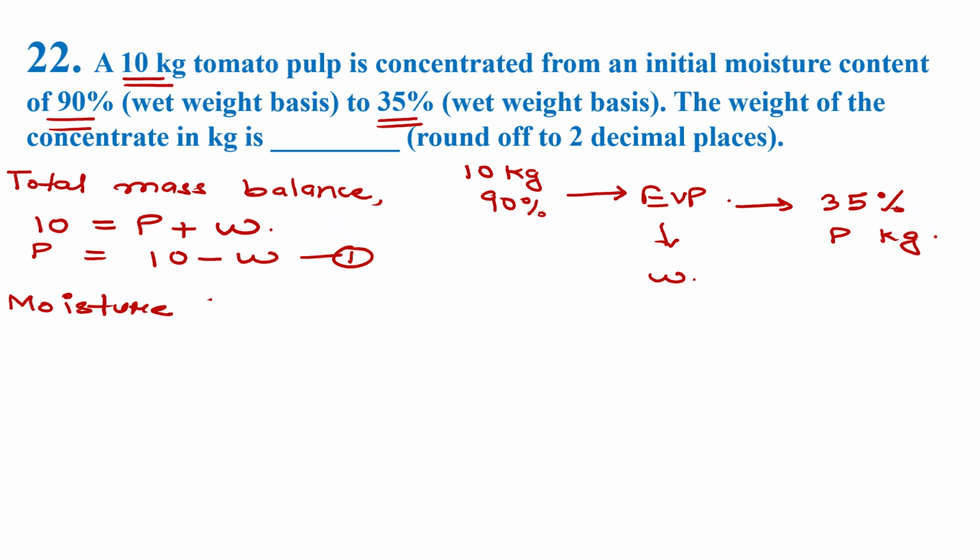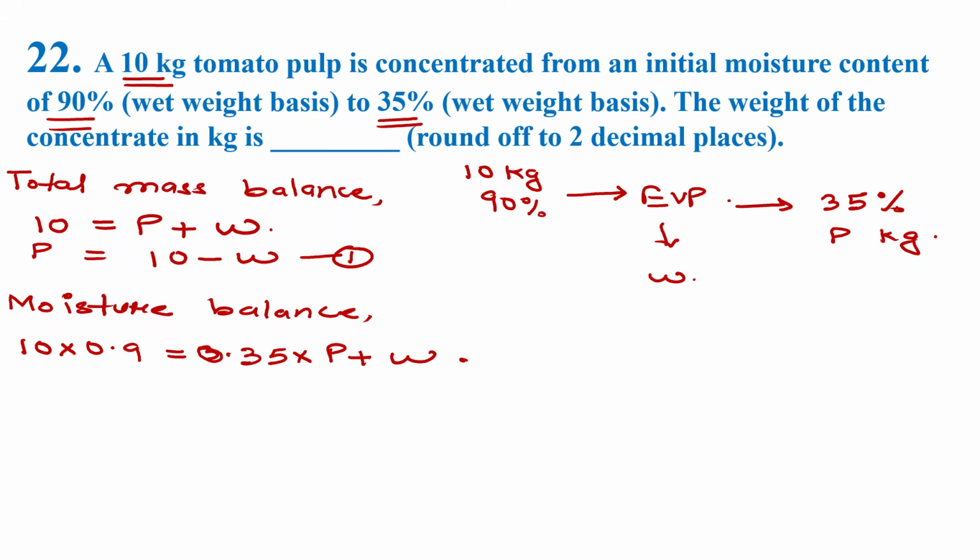So we are having 10 kg having 90%. So it is 0.9 equal to 35% final, so it will be 0.35 into P plus W. Now we'll just put the value of P over here.